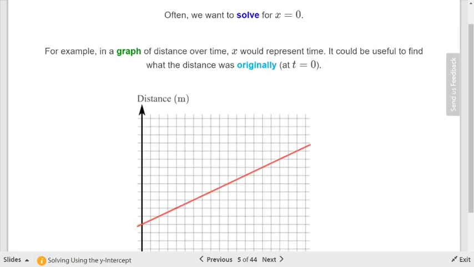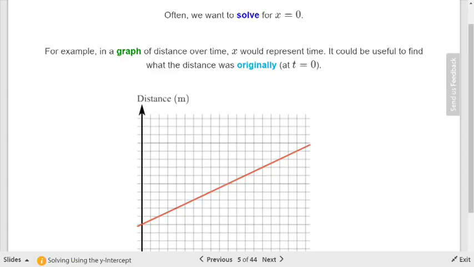So, many times we want to find out where x is equal to 0. Okay? For example, in this example, they're talking about graphing distance over time. I want to know how far you were when you started. Okay? Now, when you start out, how much time have you spent? 0, right? And so that's a case where we want to know when x is equal to 0.